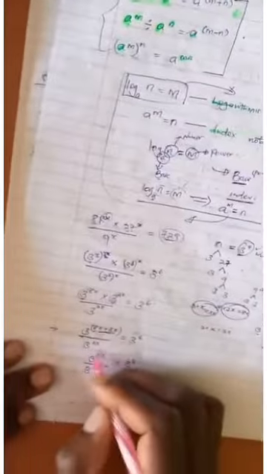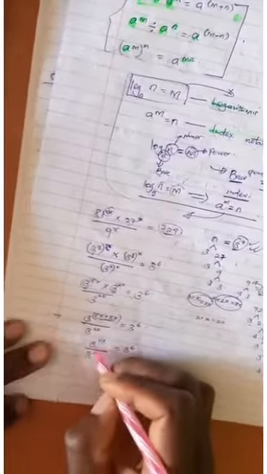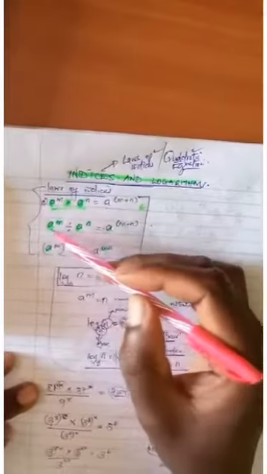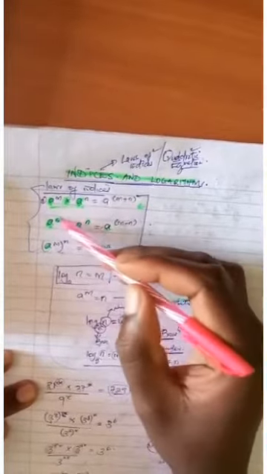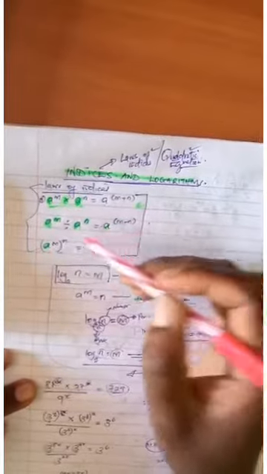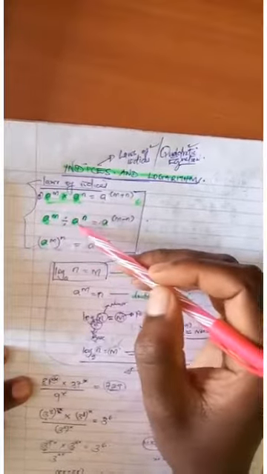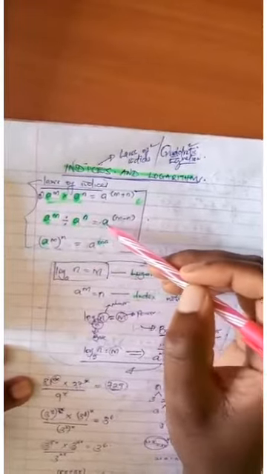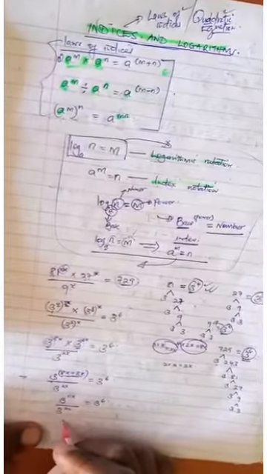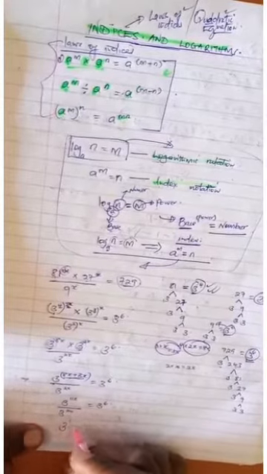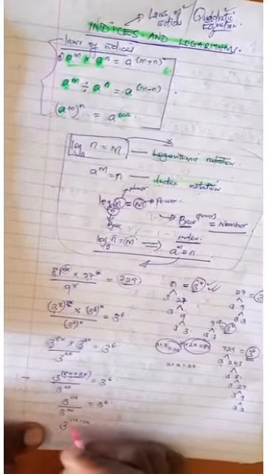Then at this point you are dividing the same bases. So when you are dividing the same bases, you subtract their powers. For example, a to power m divided by a to power n will be a to power m minus n. So it's going to be 11x minus 2x.